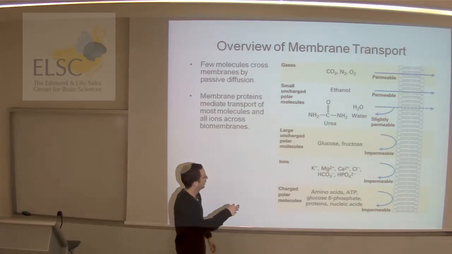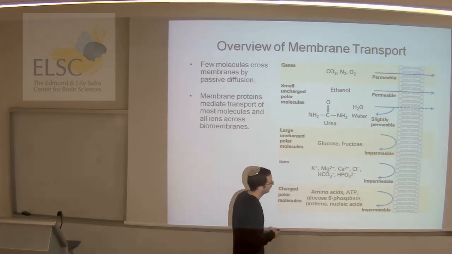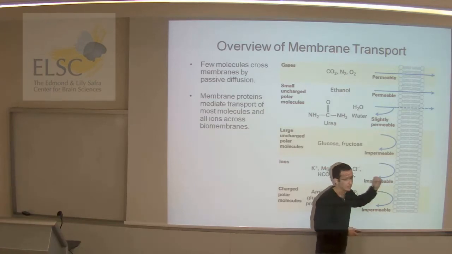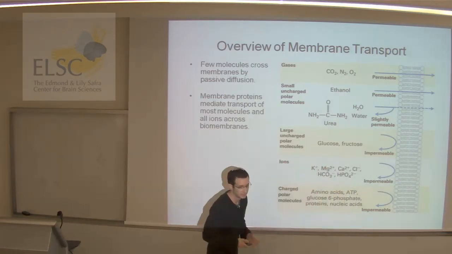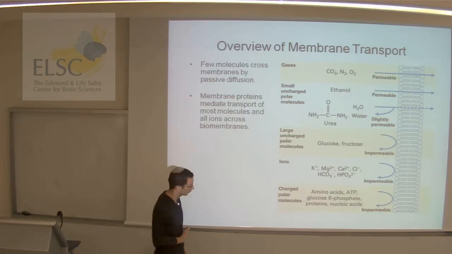This is true for large uncharged polar molecules, charged polar molecules, and all the different ions that exist in the cell. Because of their polarity, they have to cross via some hydrophilic tunnel inside the hydrophobic barrier that is the membrane, and so they are totally impermeable across the cellular membrane.